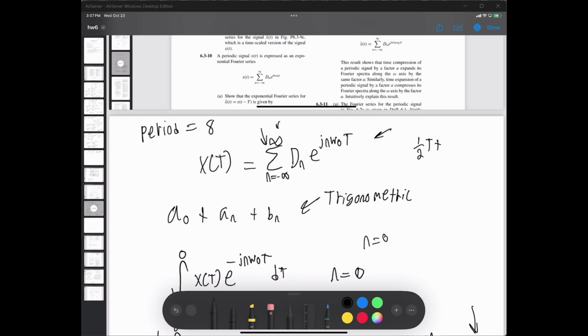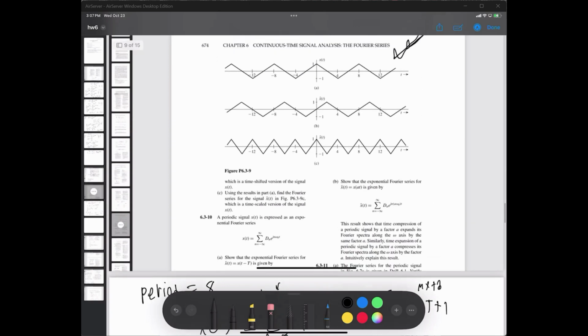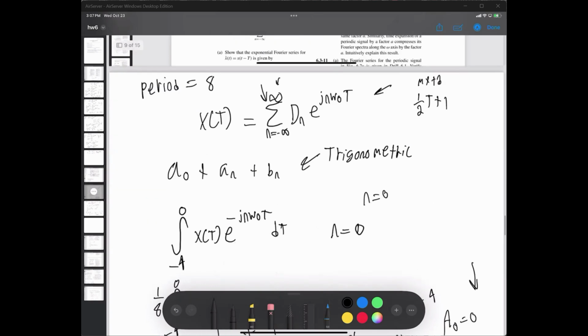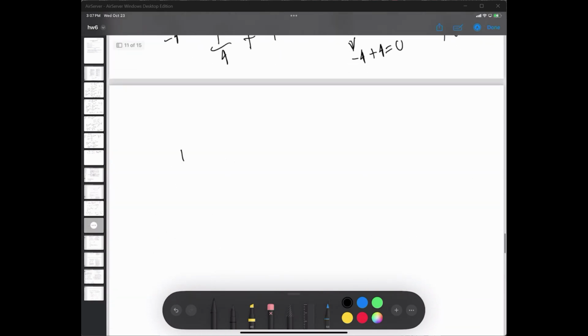To set this up, we also know that 1/2 t plus 1 is our mx plus b. That is this line here. And we integrate from -4 to 0, with 1 over 8, that's the period. x of t is going to be 1/2 t plus 1. And what is going to be our exponential? Since we know it's an even function, it's going to be cosine. Cosine of what?